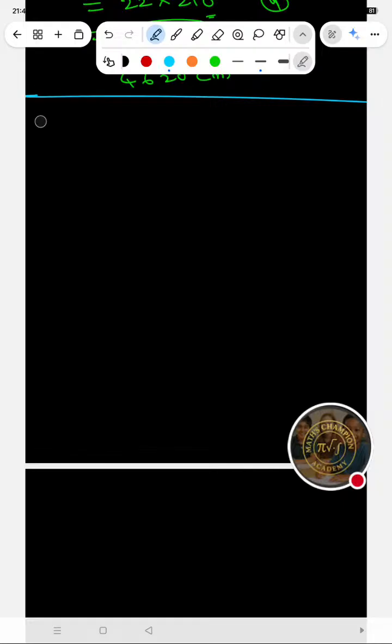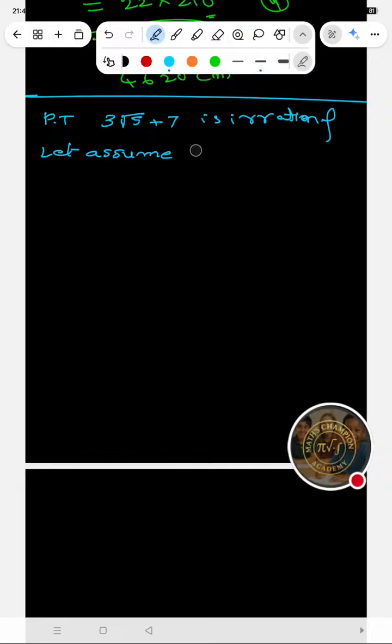Here is one of the most important questions. Prove that 3 root 5 plus 7 is an irrational number. Okay, first let us assume 3 root 5 plus 7 is a rational number.